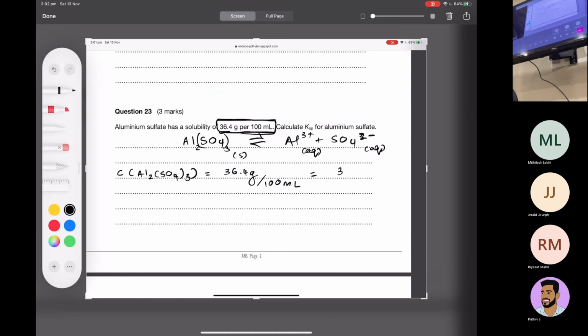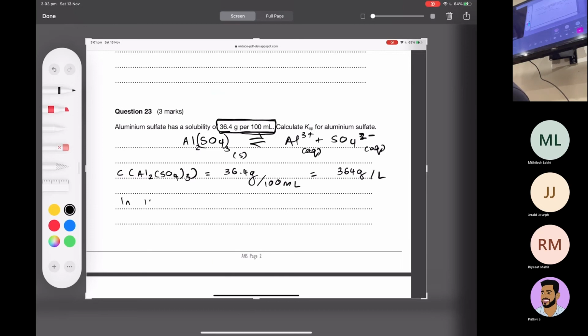Should it not be 364 grams per liter? It's 36.4 per 100 ml times it by 10, numerator and denominator. Okay? Good. So that's our concentration in grams per liter.